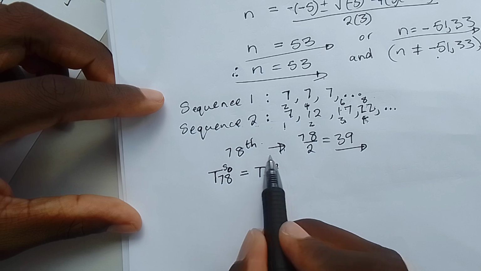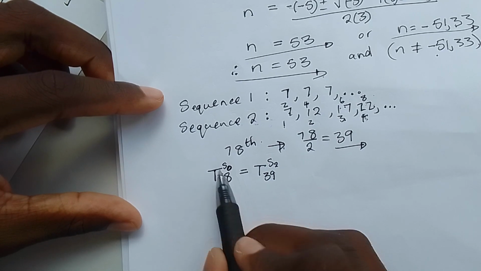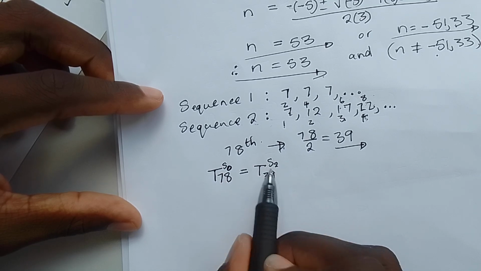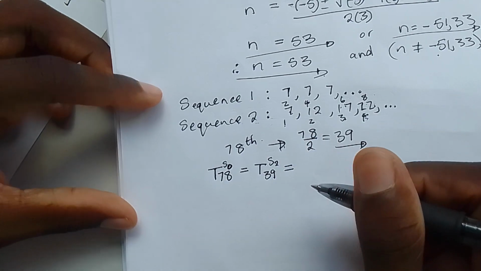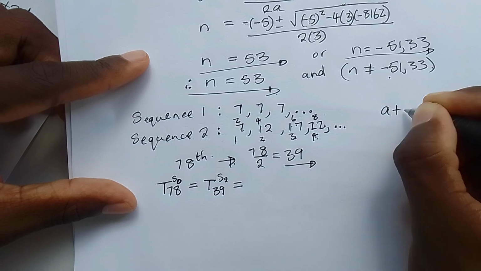Understand that these labels are just to show you which sequence it's on, but generally if you write T39 it's fine. Now remember the equation for Tn.